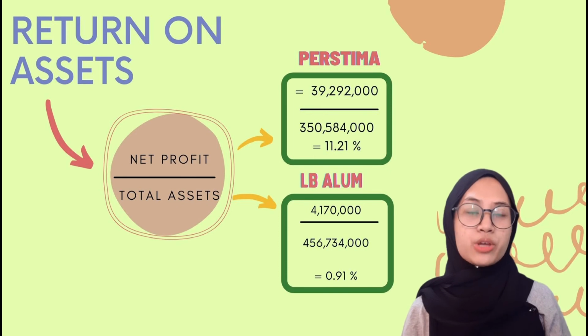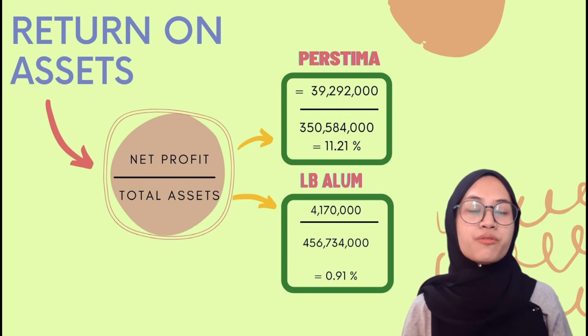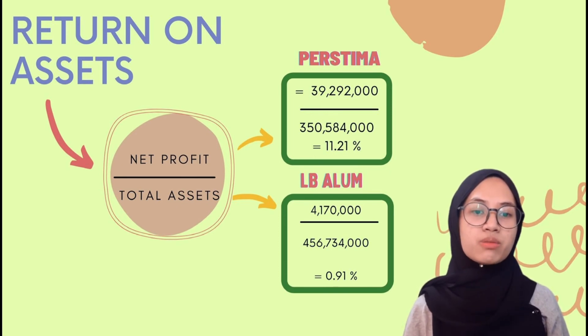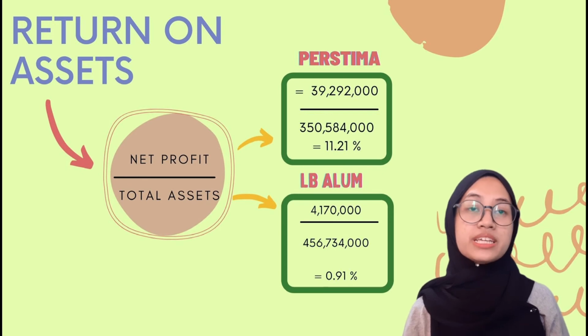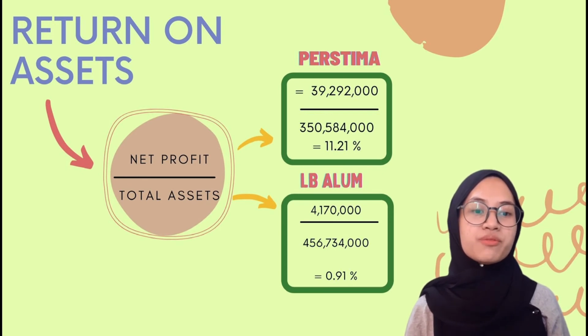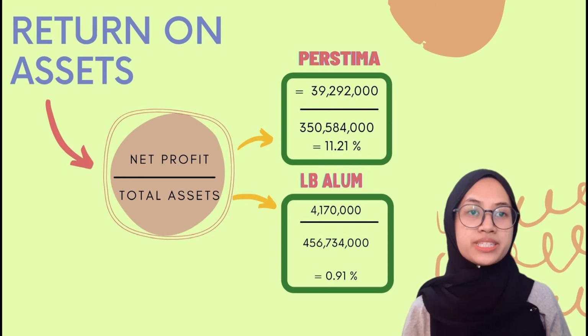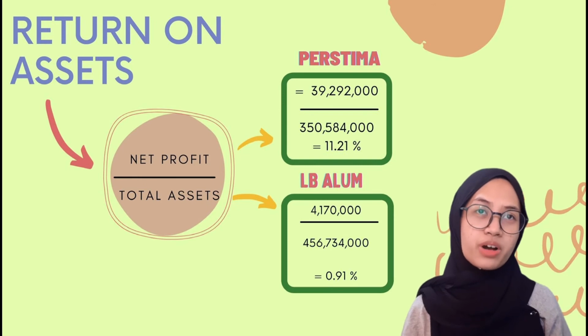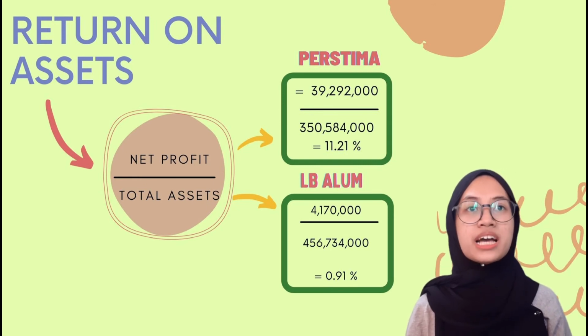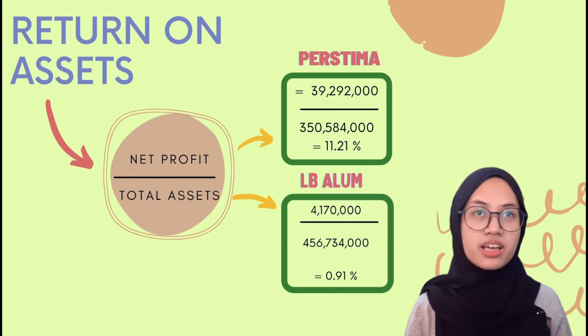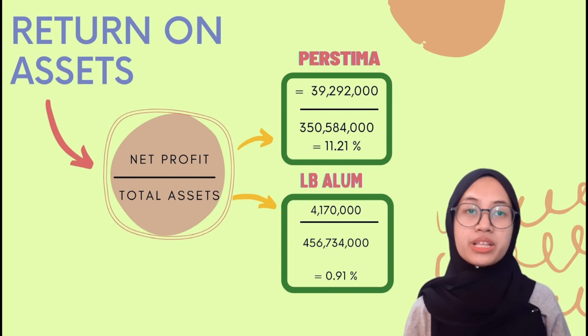While LB Aluminium Berhad is 4,170,000 divided by 456,734,000, and we will get 0.91%. So the comment is Perstima Berhad outperformed LB Aluminium Berhad due to its high ratio, which indicates that they are efficient in managing the company's assets to generate earnings.